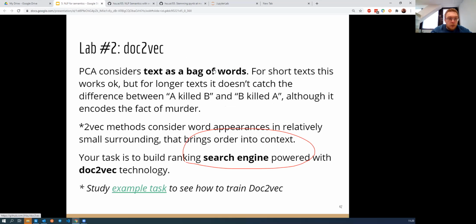To summarize: previously I said that there was the inverted index. The inverted index is the squeezed representation of text through the words.